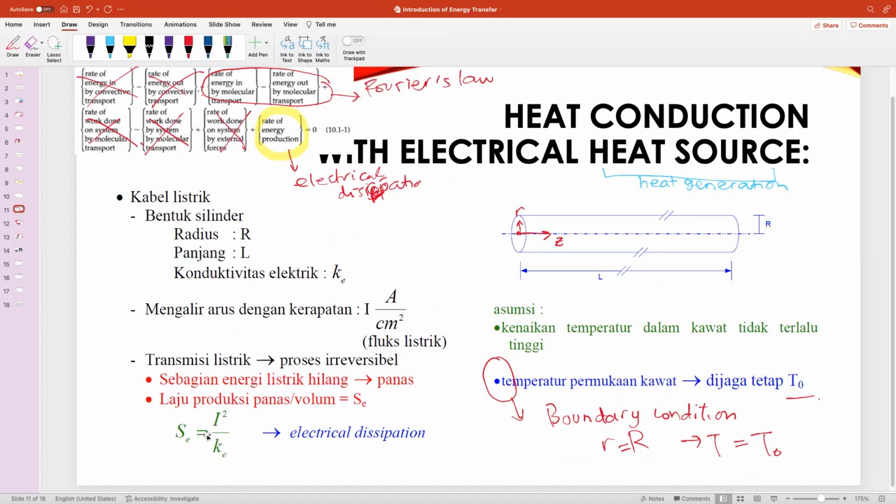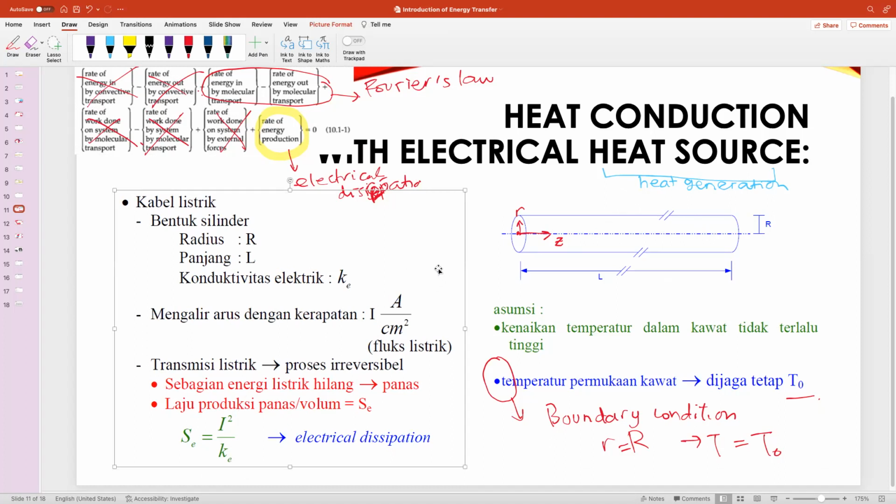Jadi seperti hilang-hilang panas, rugi-rugi panas. It's like an energy loss if you have electricity inside these wires. It is defined.